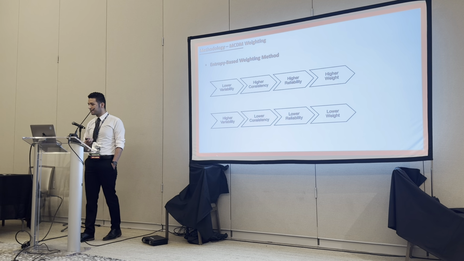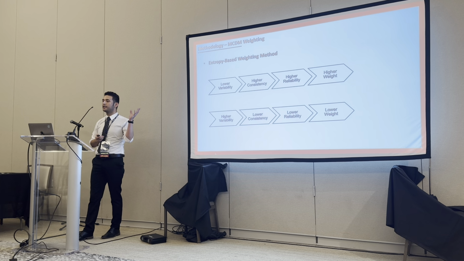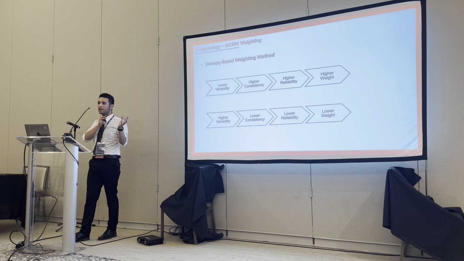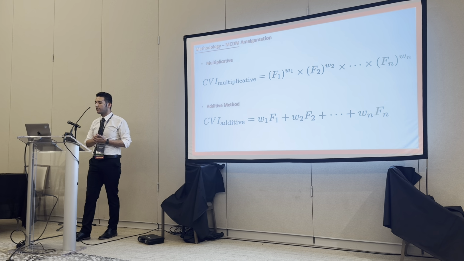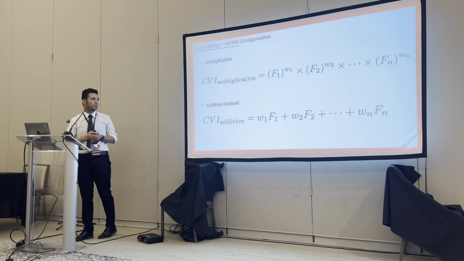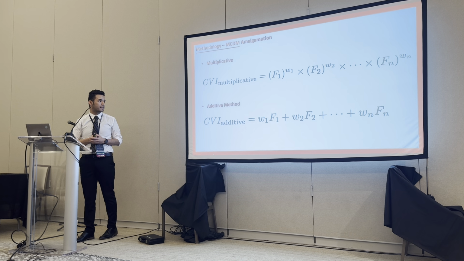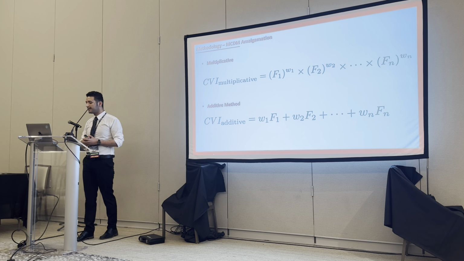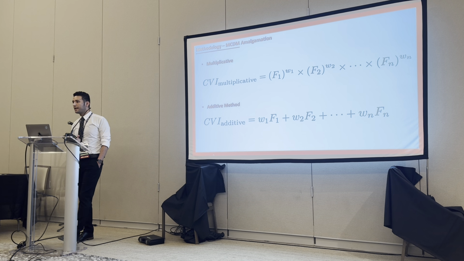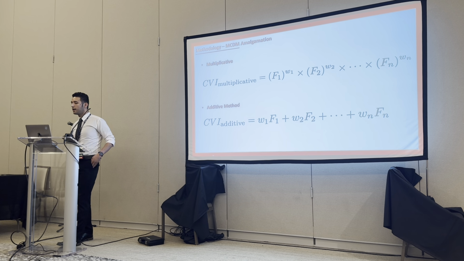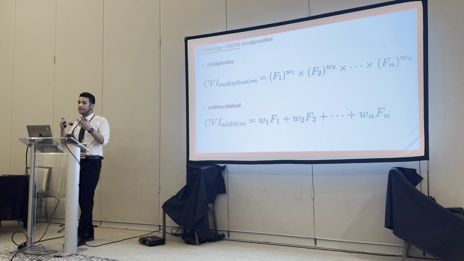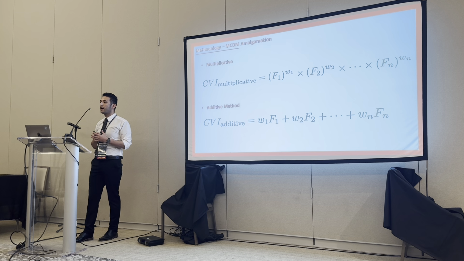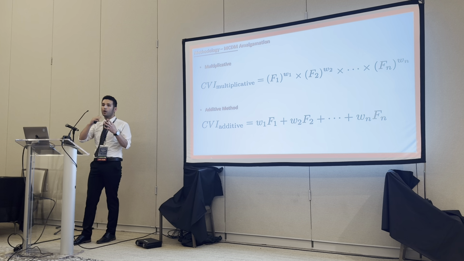So we have our data normalized and we have assigned them weights as well, right? Now it's time to aggregate the data together. For data aggregation, there are two different methods, multiplicative methods and additive methods, with a formula on the board that you can see. But the multiplicative methods are used when there are strong relationships and interactions between different factors, like when one factor can amplify or diminish the effect of all other factors.